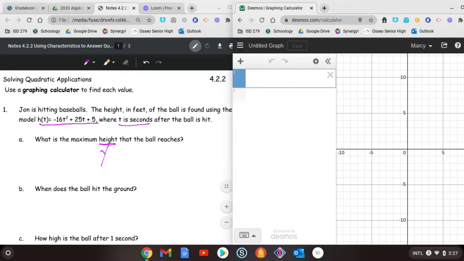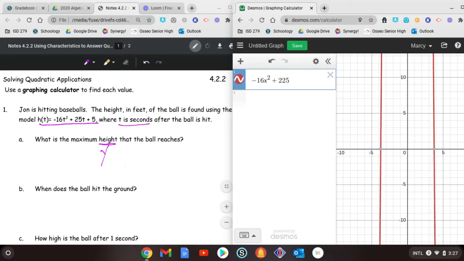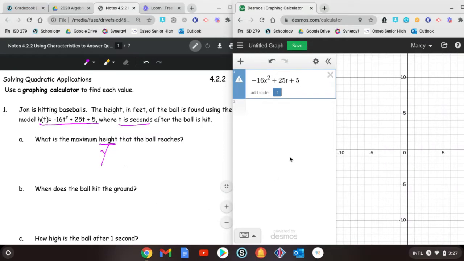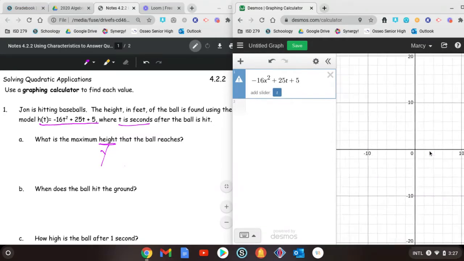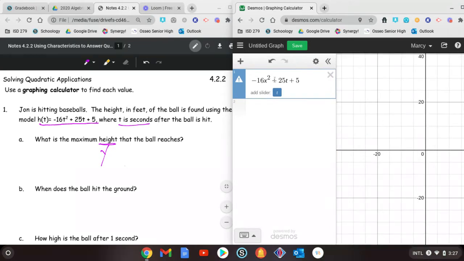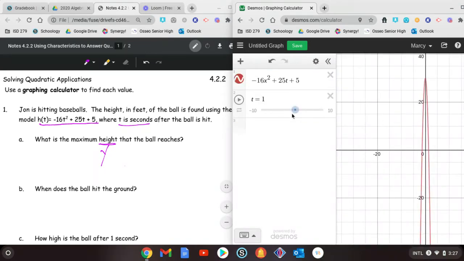So you're going to go over to Desmos, negative 16x squared. I used the caret button, the upside down V, to do the squared, plus 25t plus 5. Oops, I did one x and one t.